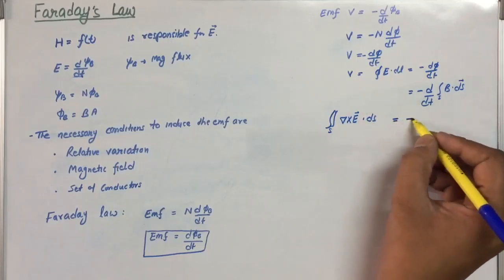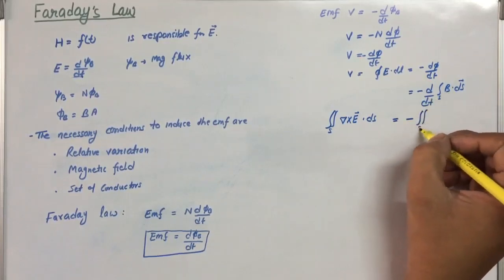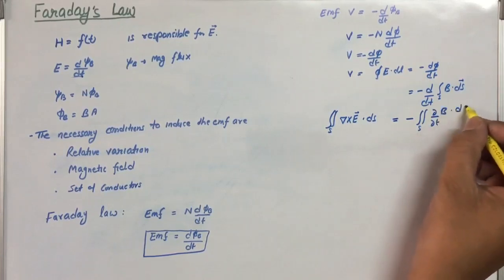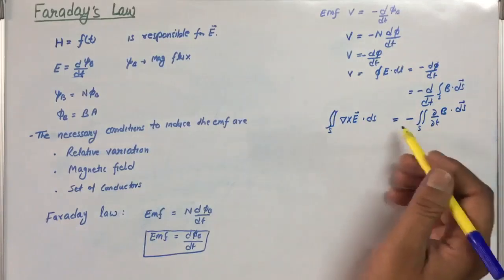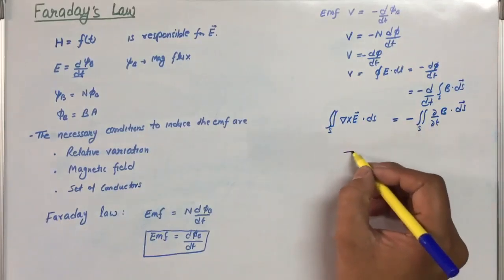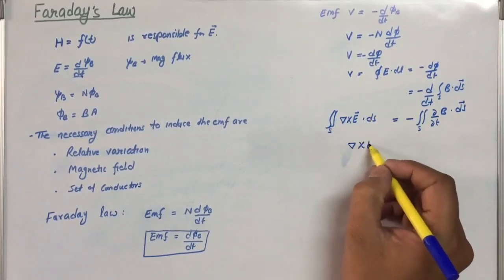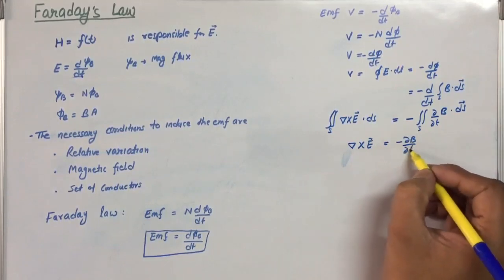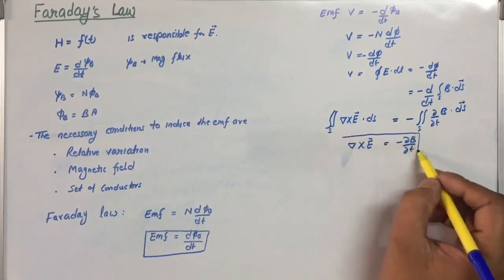It can be written as minus, taking the derivative inside, the surface integral of dB by dt dot ds. Since both are surface integrals, from here we can write del cross E equal to minus the rate of change of magnetic flux density. Okay, this is one important relationship.